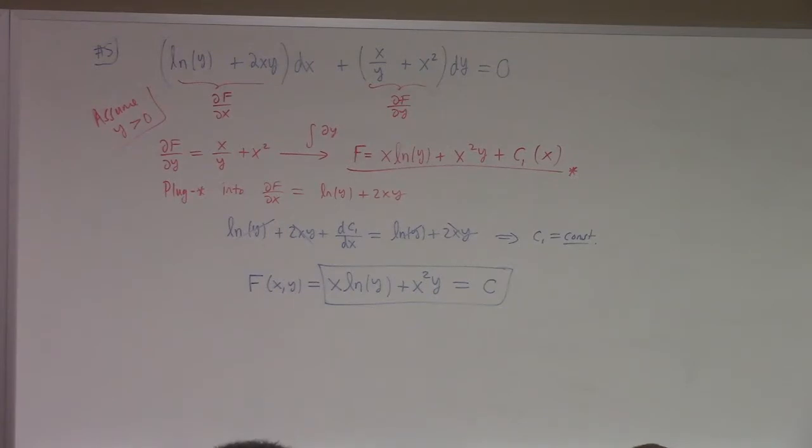We're always using this little thing up here. If omega is equal to the exact differential, if omega is equal to df, that implies that f equal to a constant is the solution, right?